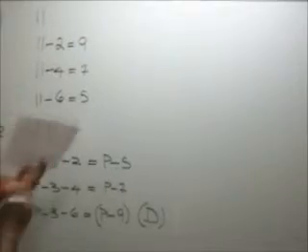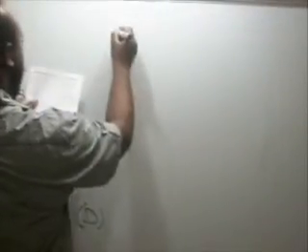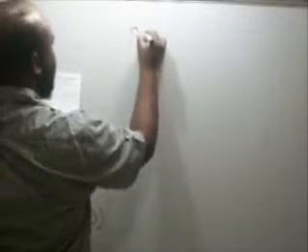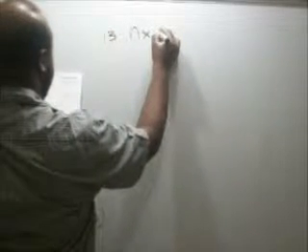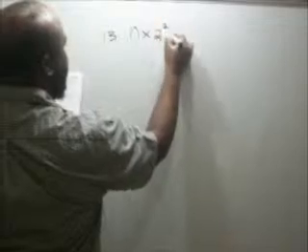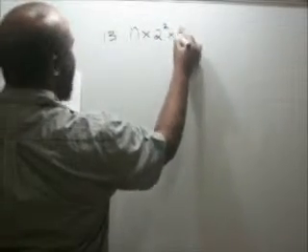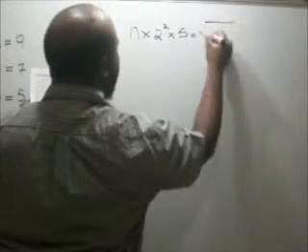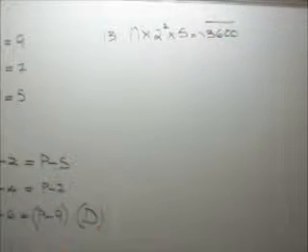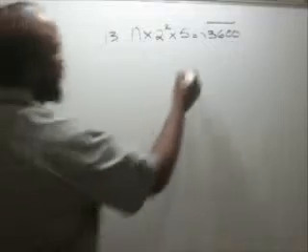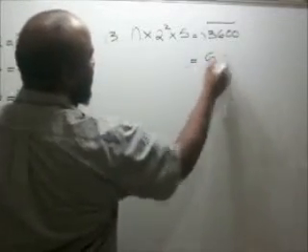Ladies and gentlemen, let's look at question number 13. Question number 13 says n times 2 squared times 5 is equal to the square root of 3,600. Now the square root of 3,600 is 60.